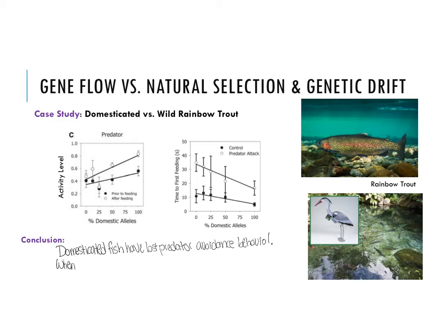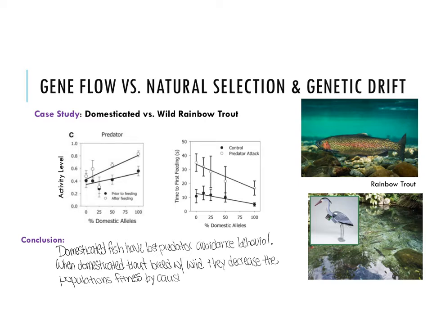So when domesticated trout breed with wild, they decrease the population's fitness by causing them to act in ways that attract the attention of predators.